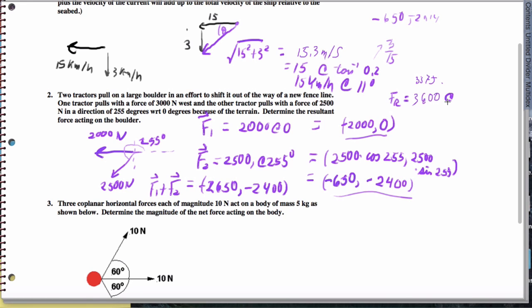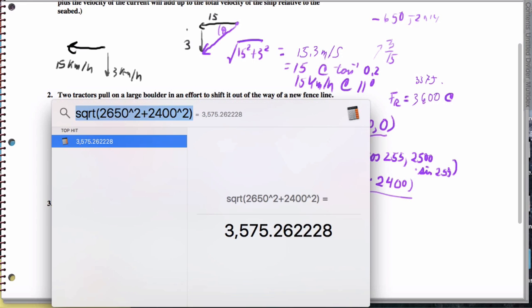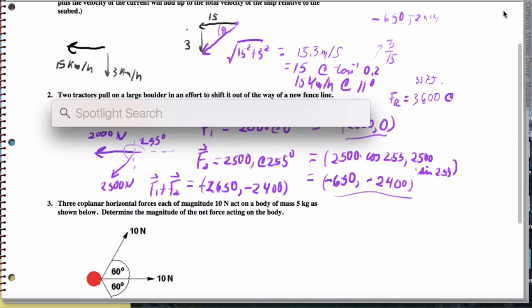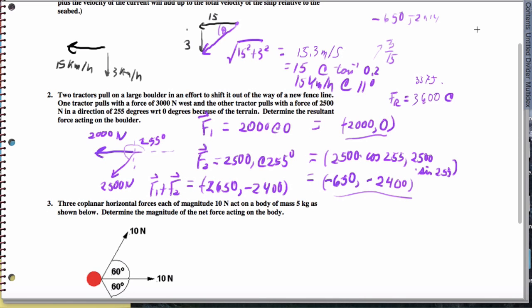And the angle is going to be the inverse tangent. Let's be careful. Okay, it's in the third quadrant. So I'm going to need to do a fraction here of y over x. So it's going to be the inverse tangent of 2,400 divided by 2,650.